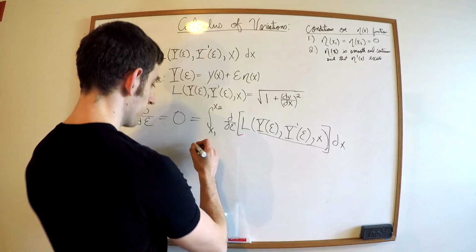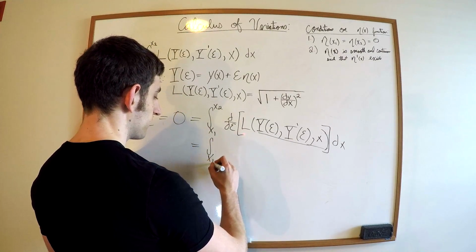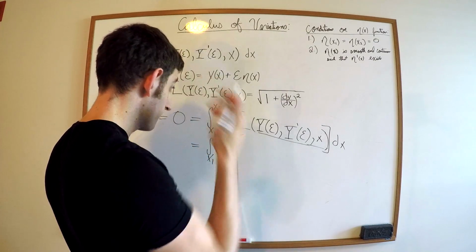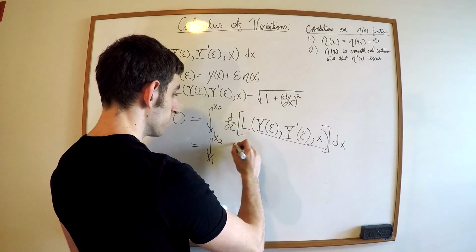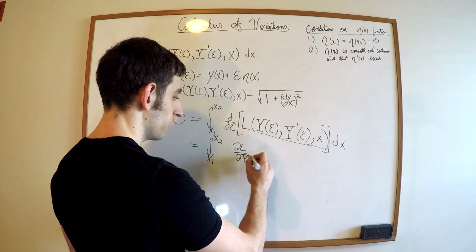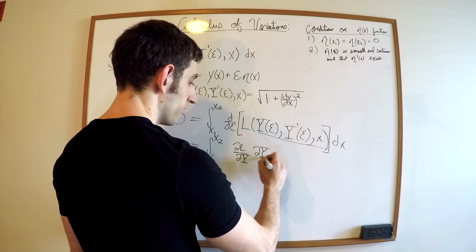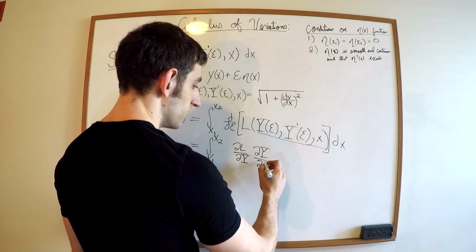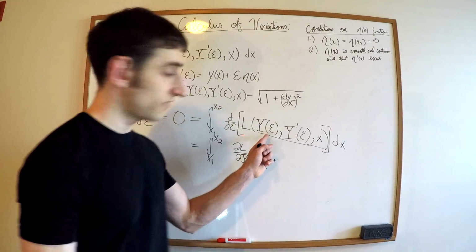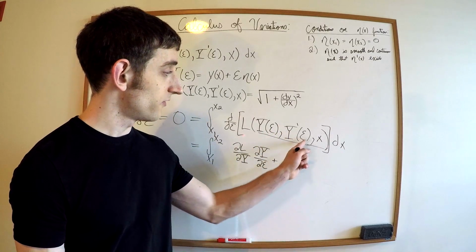So let's work with this a bit more. We're going to have still that integral, and then we end up with dL/dY, dY/d epsilon, plus, we have to take this part here, and then we also have to do that because that's a function of epsilon.